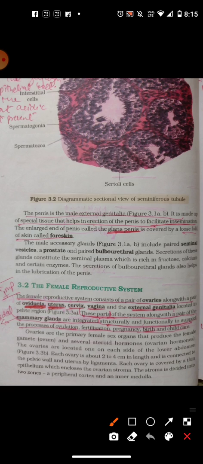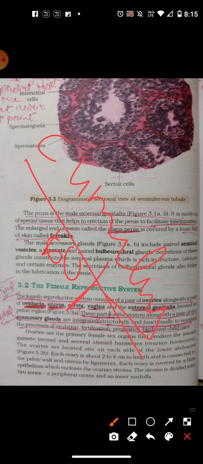The mature oocyte is anchored to the wall of the Graafian follicle through a pedicle stalk called cumulus oophorus. The spelling is cumulus, oophorus, which is formed by the granulosa cells.